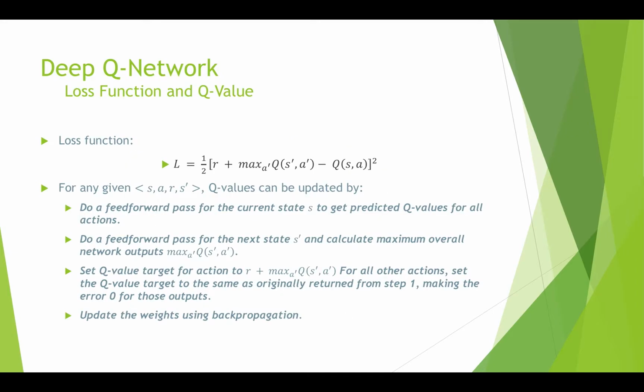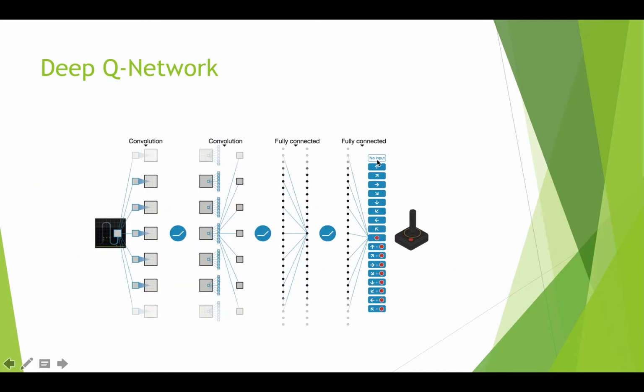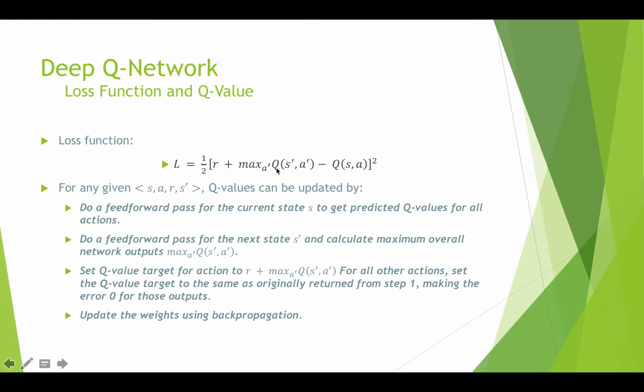So here is the loss function and the Q value. The loss function should be calculated using the convolutional neural network. We can get the maximum Q value from all the output actions and their corresponding Q values. We can find the maximum Q value and its corresponding action, and then get the next state using this action.